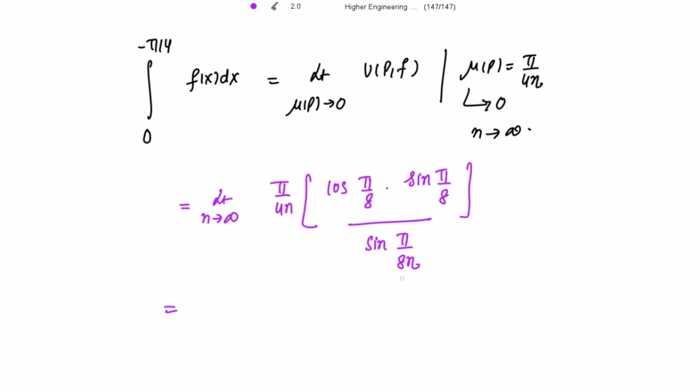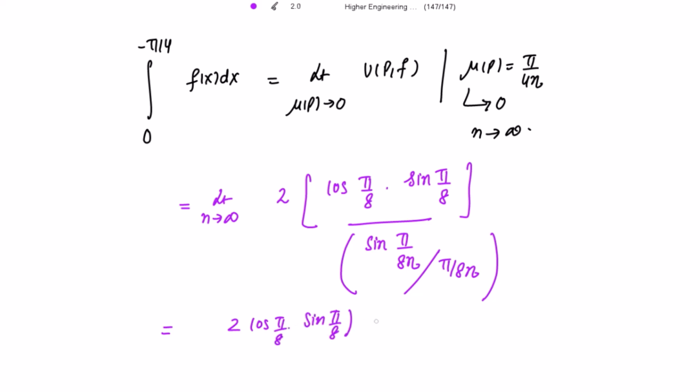Now applying the limit, we are adjusting this. So here 2 remains and I am writing this in the denominator because we know that the limit of this will be equal to 1. So this is equal to twice of cos of pi by 8 into sine of pi by 8. And when applying the limit, we get 1 divided by 1 here. This limit is 1.